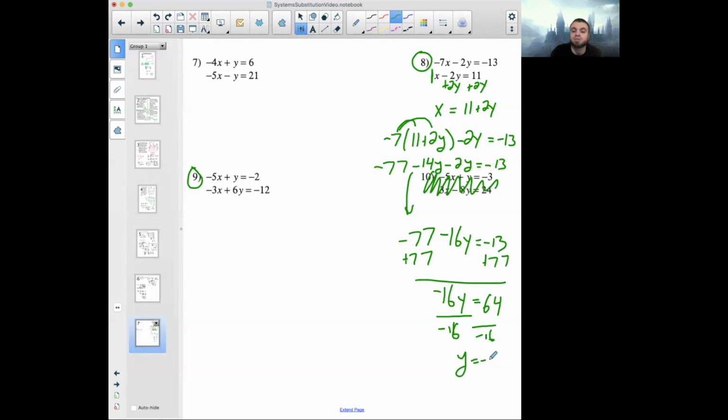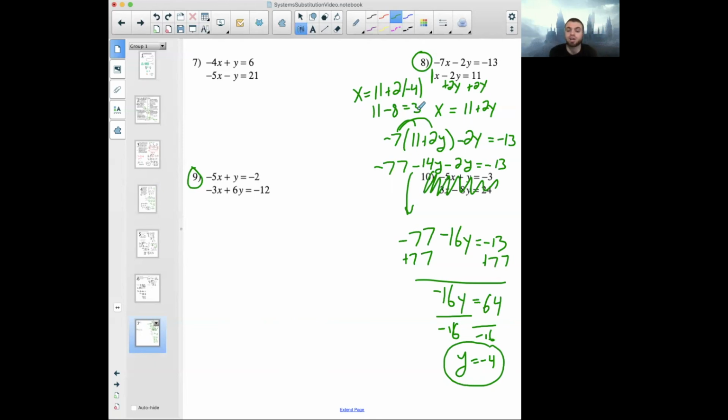Y equals negative 4. Okay, and if y equals negative 4, then we come back here: x equals 11 plus 2 times negative 4, which means 11 minus 8, which means 3.